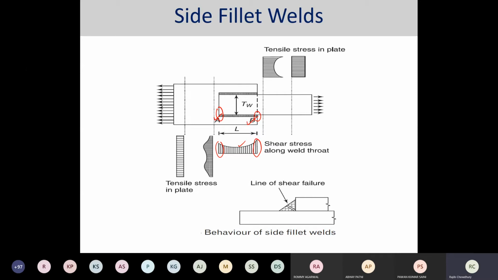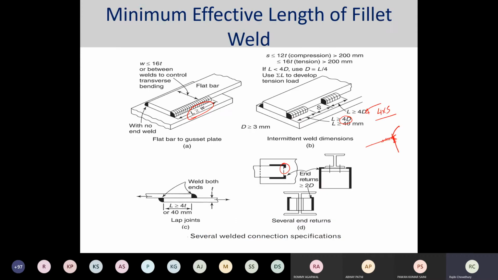And for this particular reason, the perpendicular distance between longitudinal fillet welds is limited to 16 times, if it is in tension. 16 times of what? 16 times the thickness of the thinner plate which is being joined. Now, if the plate is wider than this limit, then what would happen? You may need to provide slot weld or plug weld.